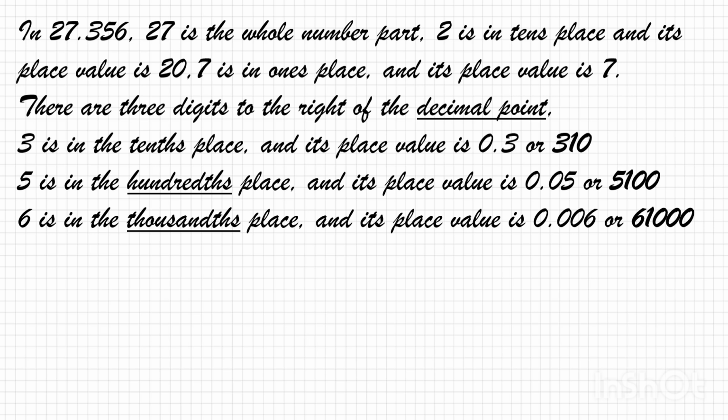There are 3 digits to the right of the decimal point. 3 is in the tenths place and its place value is 0.3 or 3/10. 5 is in the hundredths place and its place value is 0.05 or 5/100. 6 is in the thousandths place and its place value is 0.006 or 6/1,000.